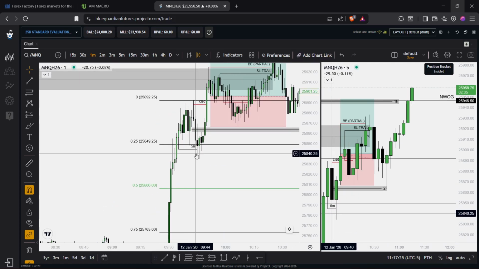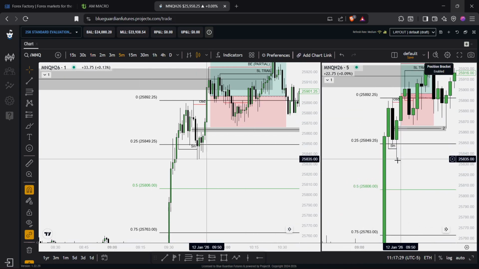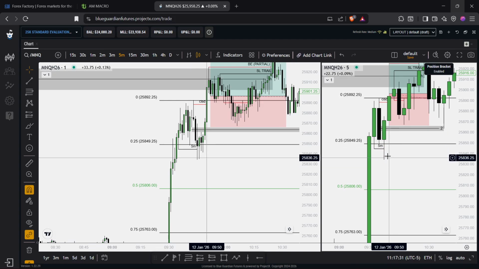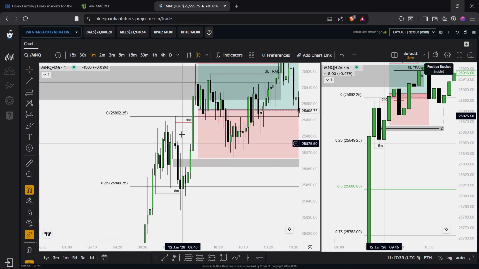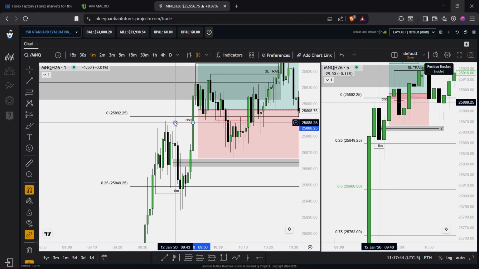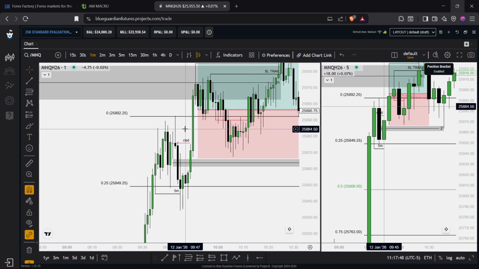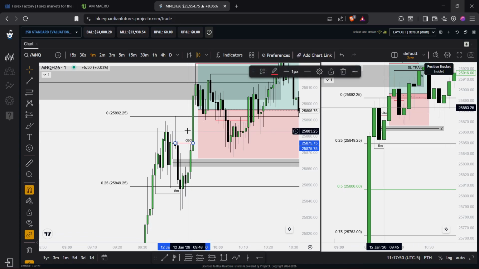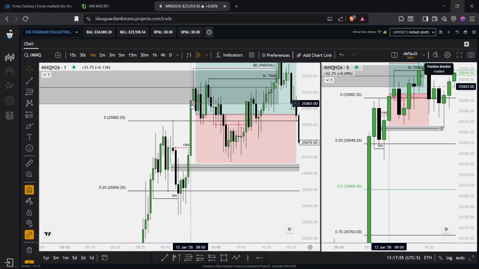The market came back to this 5 minute fair value gap. It gave us a retracement and a liquidity sweep. Then we got a proper change in state and displacement, but the only thing a little bit misplaced was that we got a change in state here on the 1 minute time frame, but the market had already tapped the 1 hour FVG.